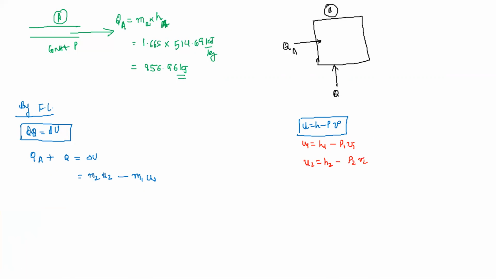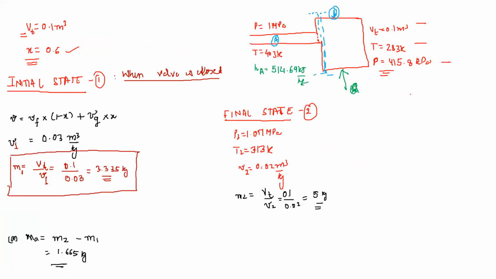Now P1, as we saw, the initial state was this, where the pressure is 415.8 kilopascal. V1 we already calculated over here, that is 0.03 meter cube per kg.